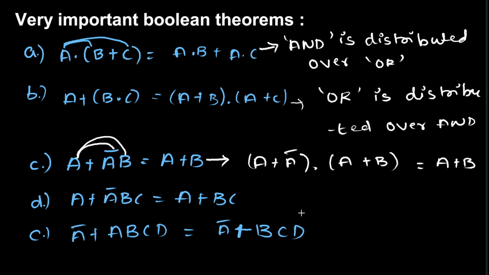Did you understand this one? This is one of the most important ones. You need to remember this one because we will use it in many equations you will get while solving a big Boolean expression. You will get a number of variables like this, and it will be easy for you to solve that way.